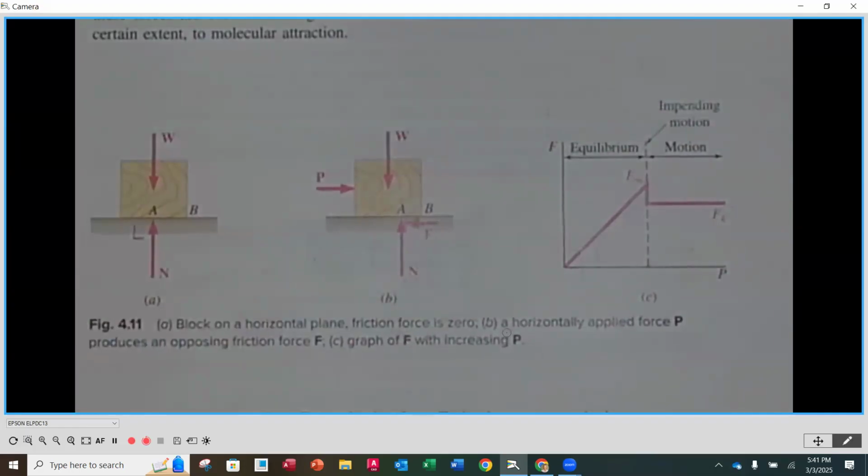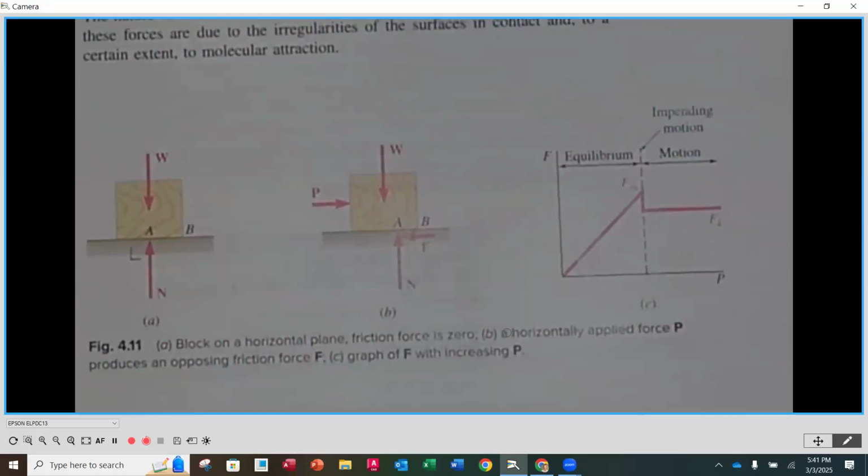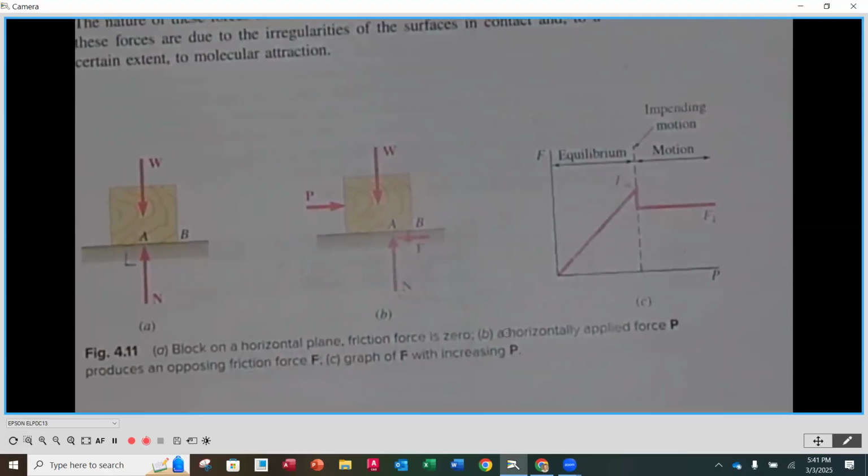Now, over on the right-hand side, in the illustration, you'll notice that we have a force P, kind of like a pushing force that's going to push on that block. If we have a pushing force going to the right, that block would end up moving at some point to the right if we applied enough load. When we get this moving, there is an opposing force F, a friction force, down where you have the interaction between the block and the surface it's riding on.